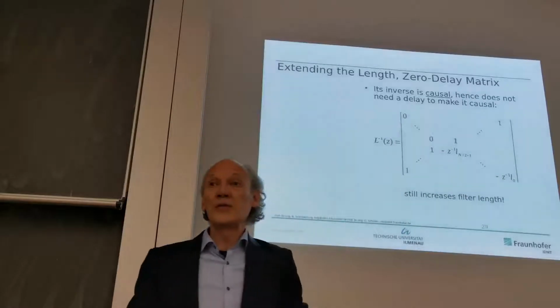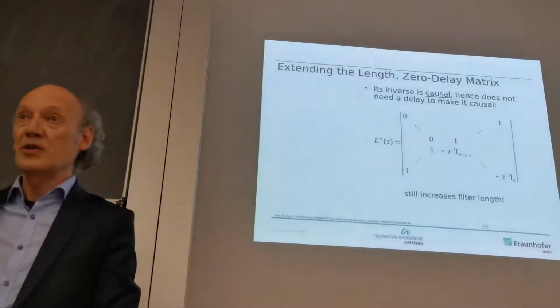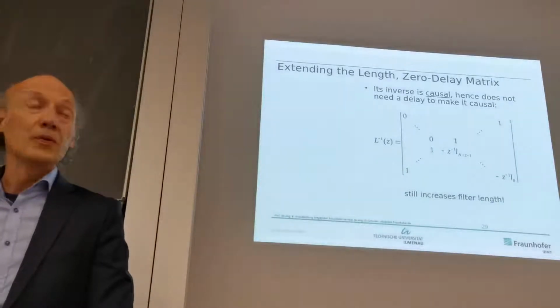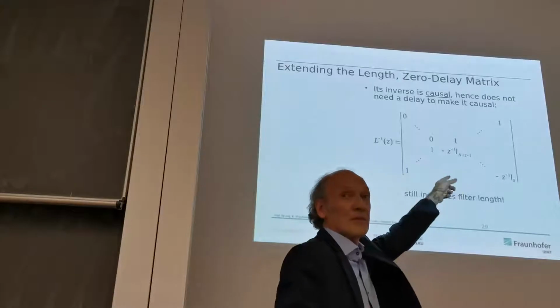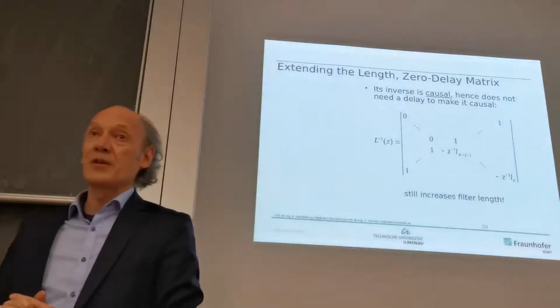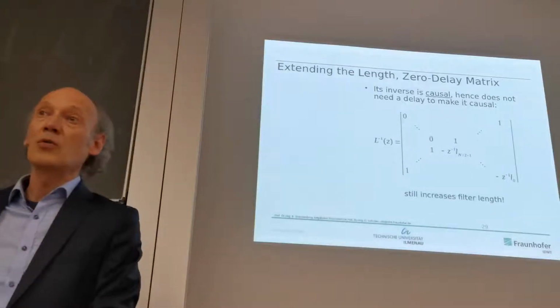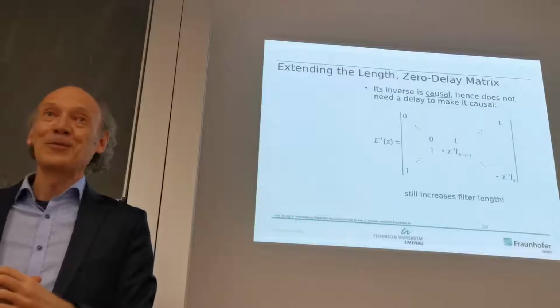The exponent is still minus 1. So unlike in the delay matrix where we change the exponent for the inverse, here we only change the sign of the coefficients. And this means we don't need to multiply it with a z^-1 to make it causal, because it already is causal. So this is convenient.